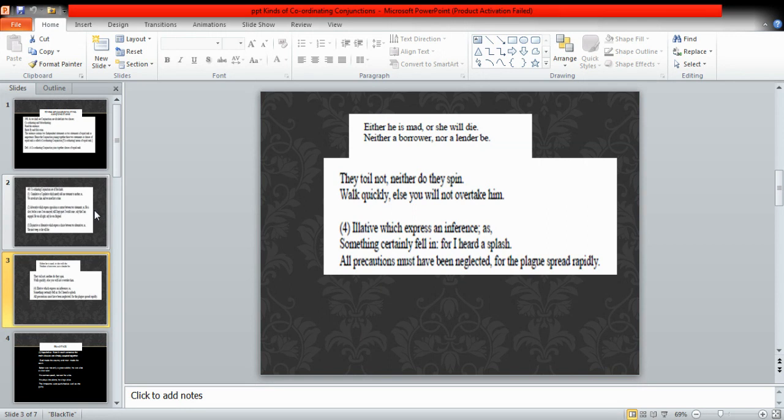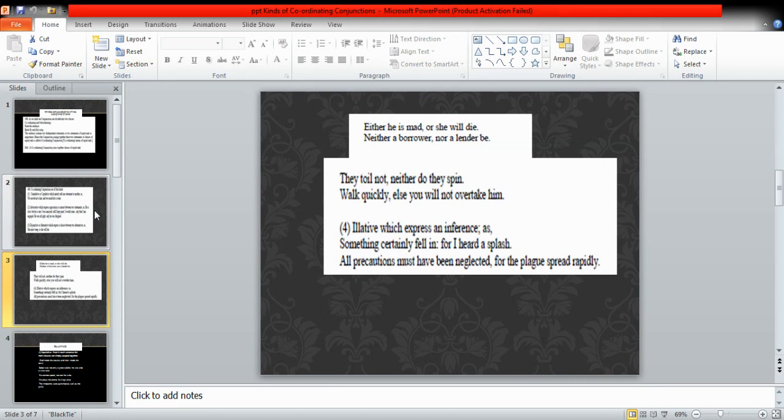Then we come to the next kind, that is illative conjunction. It expresses an inference. What do we mean by inference? Inference means result. It means that in the first statement of the sentence, something would happen, and the result of that happening we are going to find in the second statement.